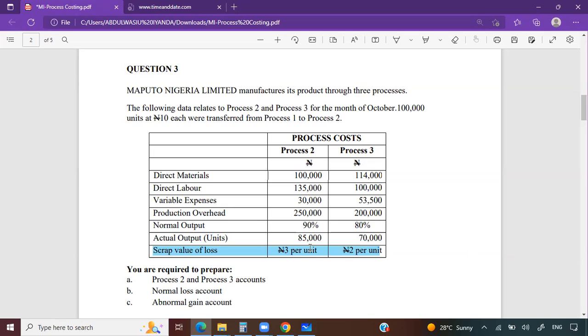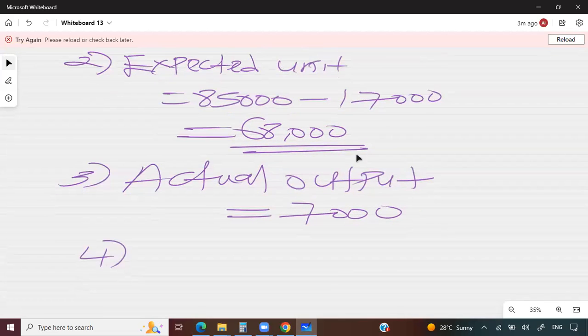We can also do it this way. Let me go back to the work file. This is what we are expecting.